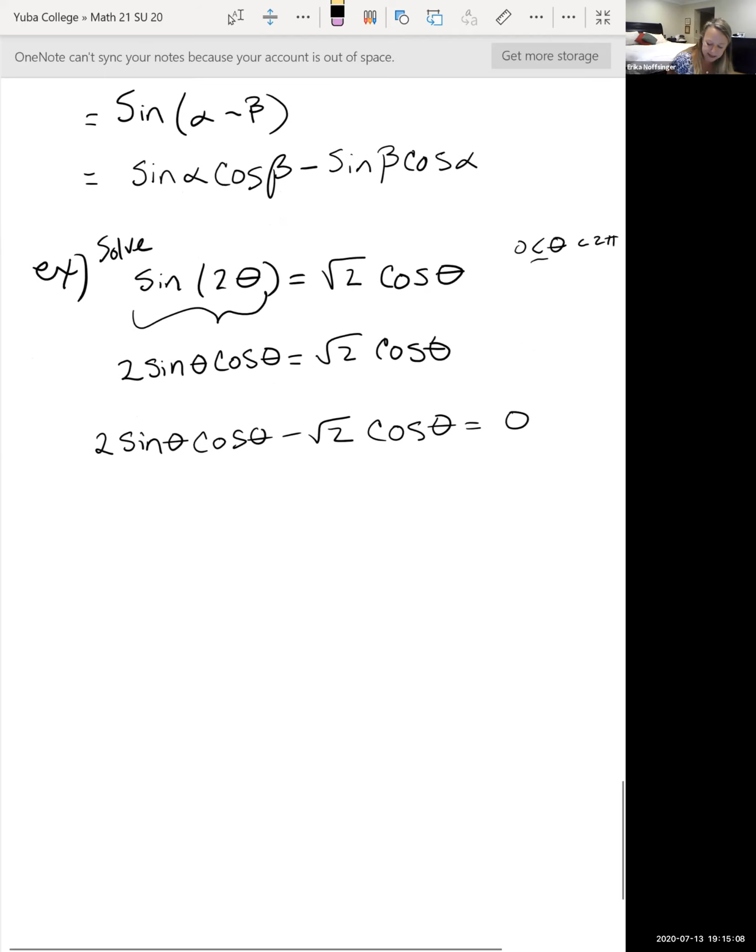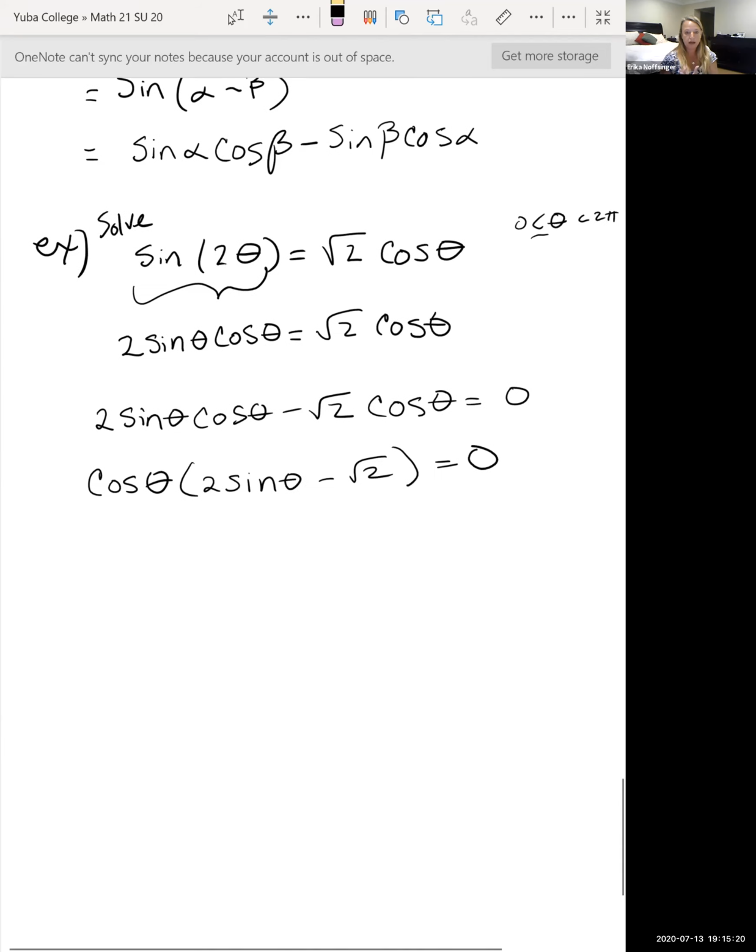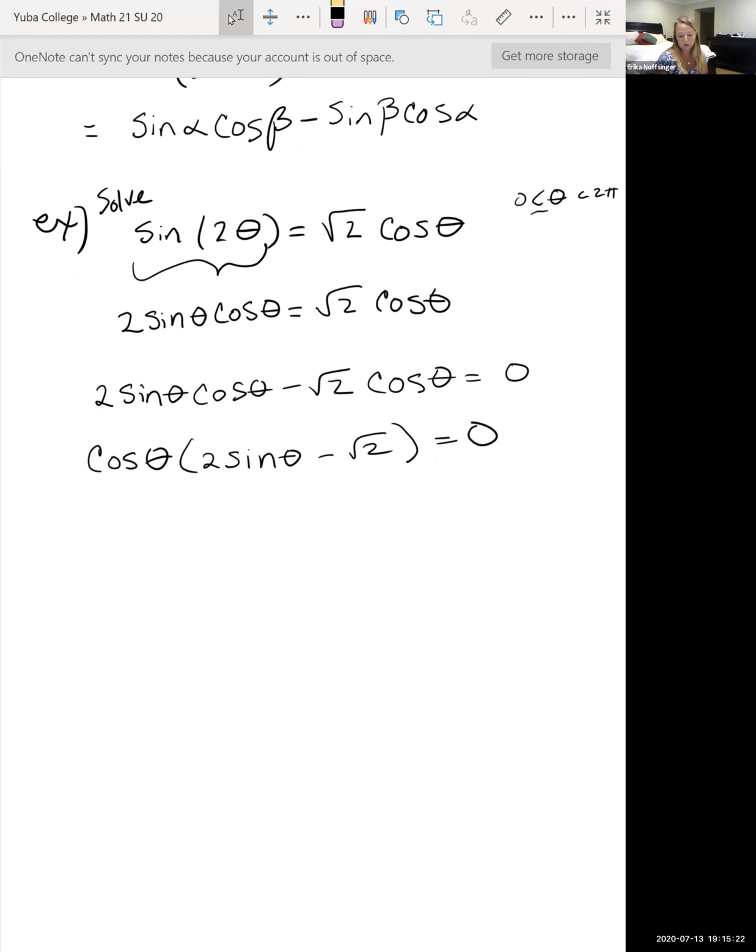Pull out a cosine theta, then you would have 2 sine theta minus root 2 equals 0. We just rewrote this so it's factored and set equal to 0. So we can set each factor equal to 0. Cosine theta has to equal 0, or 2 sine theta minus root 2 is equal to 0.